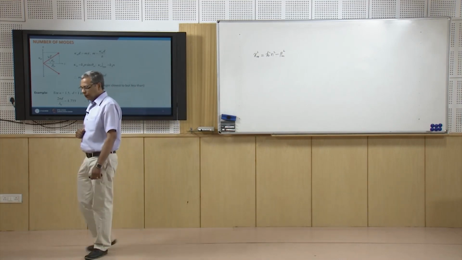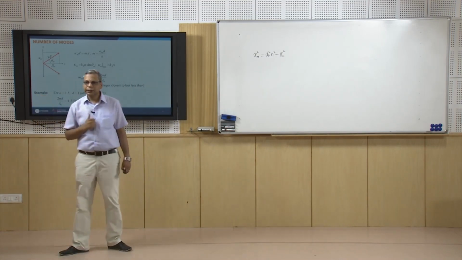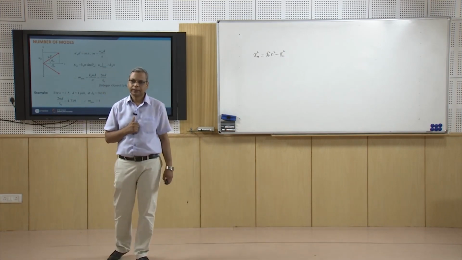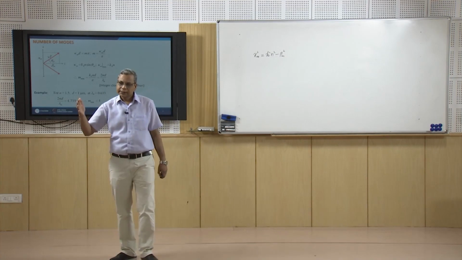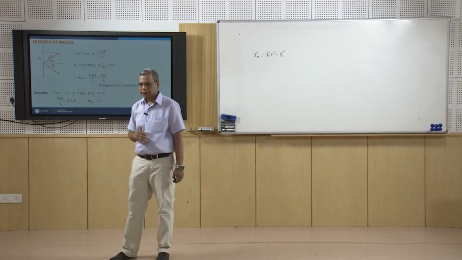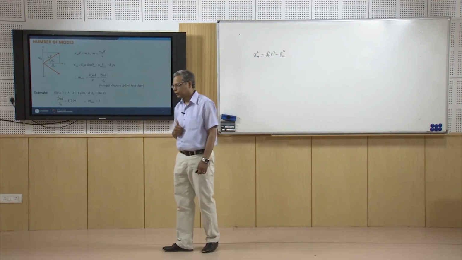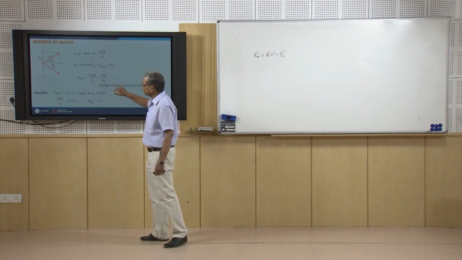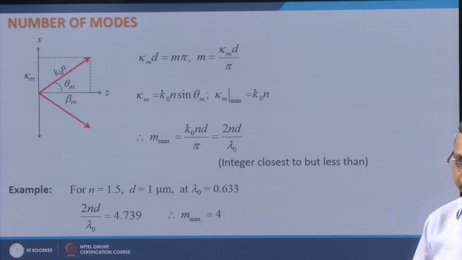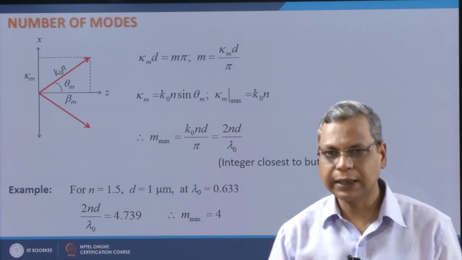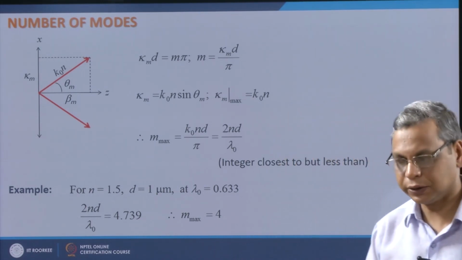Second, since it involves metal coatings, and metal is a highly absorbing material, as these modes propagate they will attenuate very quickly. So they have very high loss. So this kind of waveguide is of little practical use, although it gives a good understanding of mode propagation.